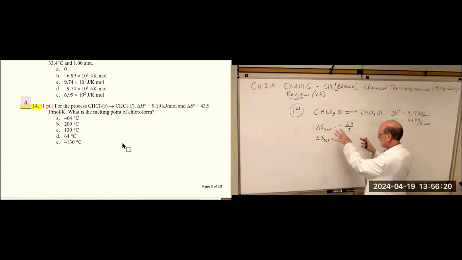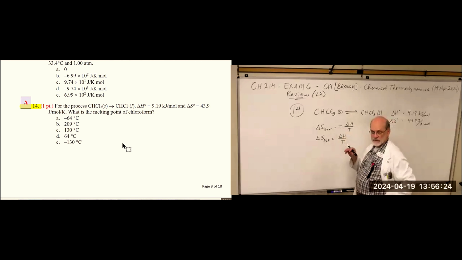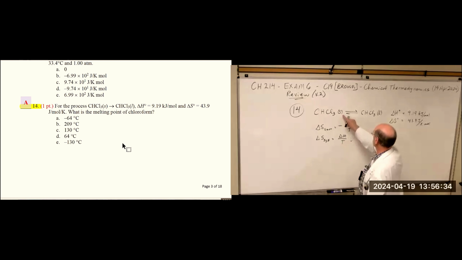So one is equal to the other with a different sign. With that being said, we can find out what the melting point is. What we need to do is solve for T, and bring T over here: delta H over delta S.